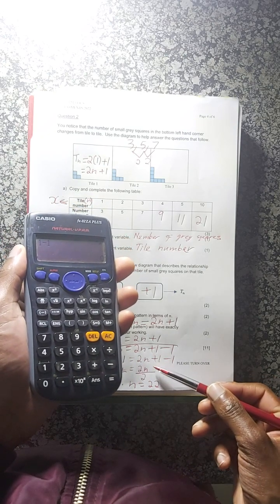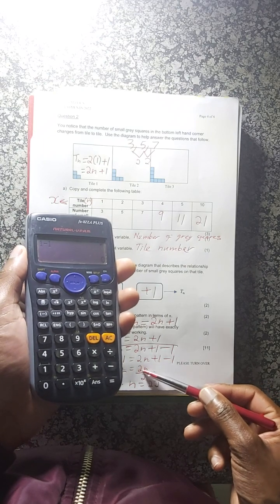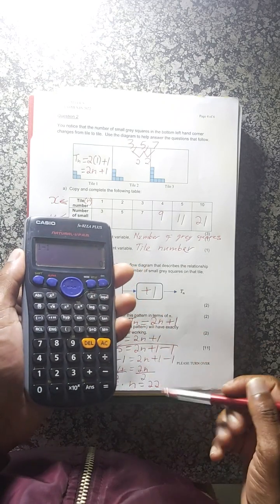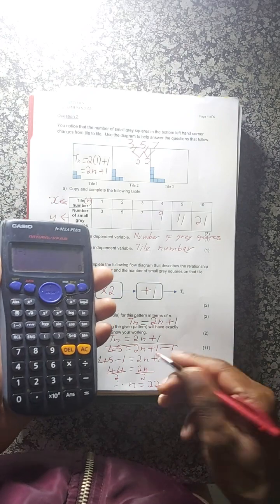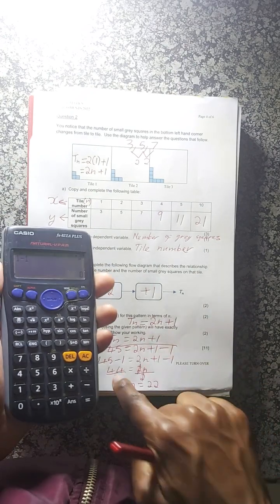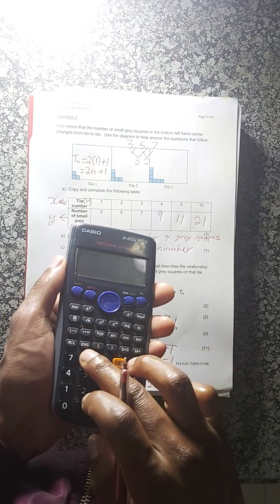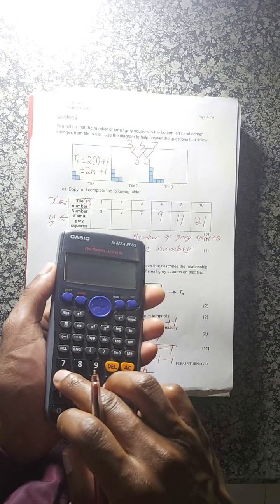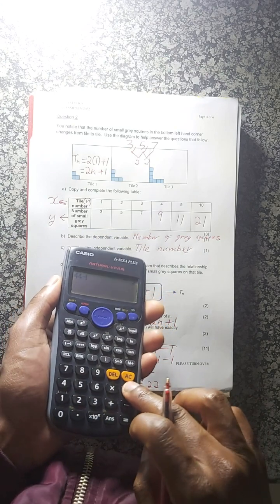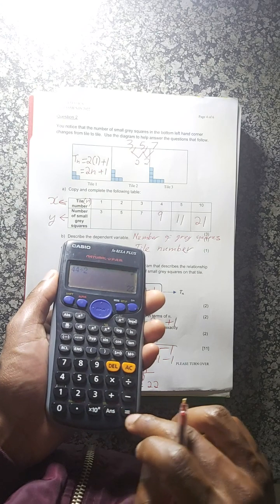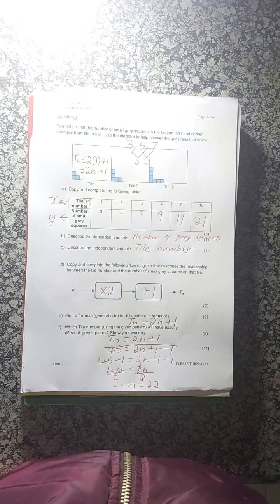Just leave what remains there, which is 2n. And then after that, I have to divide by 2 on both sides. I know that this 2 and this 2 cancel, but what about this side? On that side, I simply say 44 divided by 2. And what is my answer? It's 22. You see? And just like that, we're done with this question.